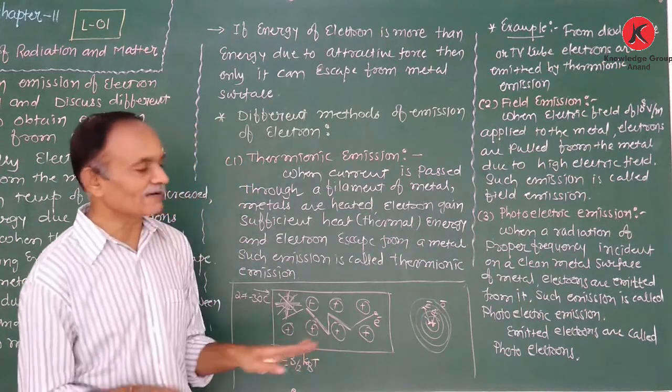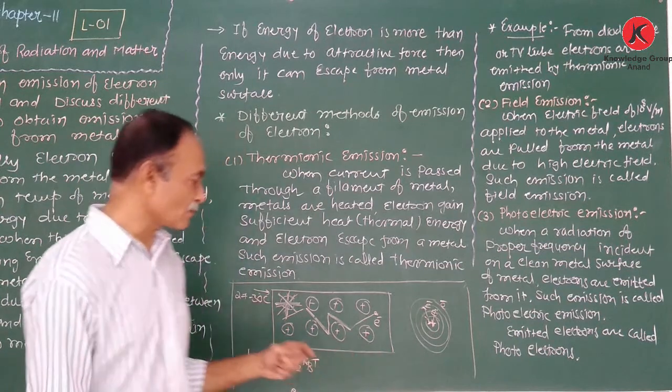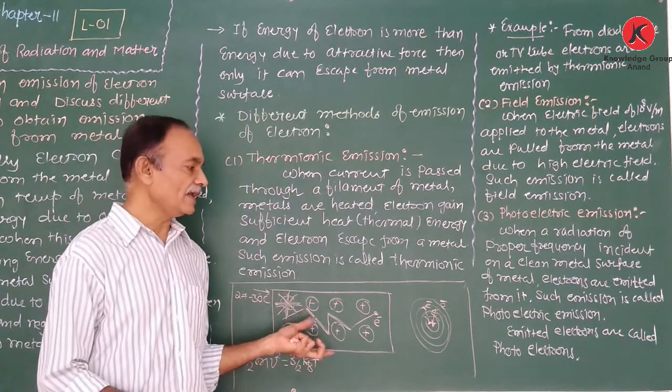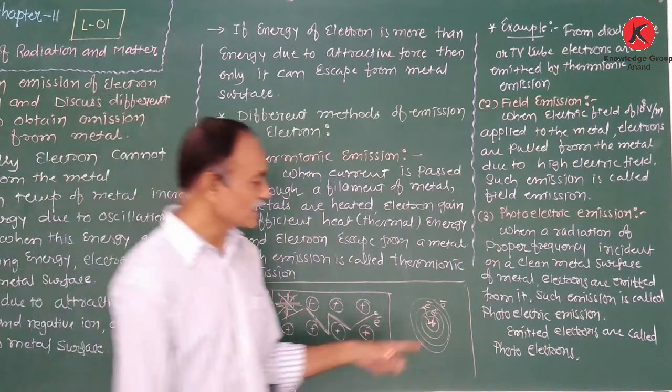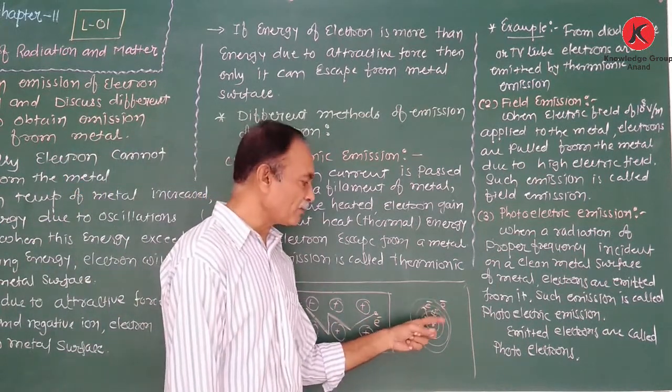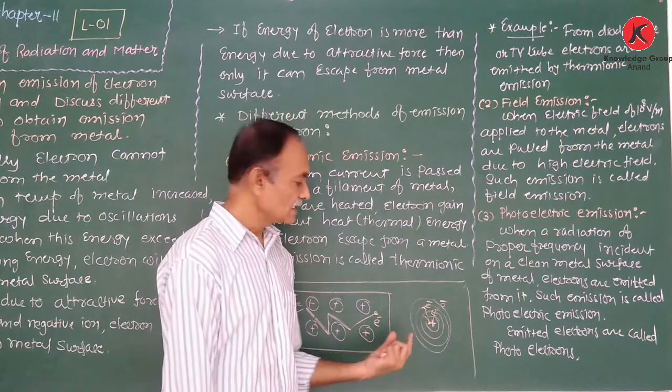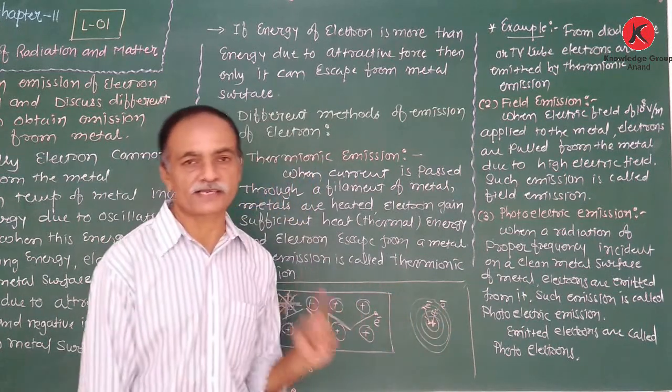So before starting our chapter, we keep in mind the concept of the metal and the formation of the atoms. Here the electrons, that means the negative charges, and the positive ions are bound by the force of attraction.